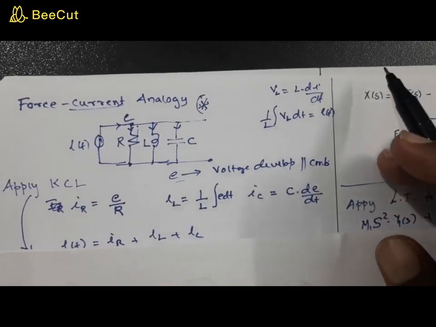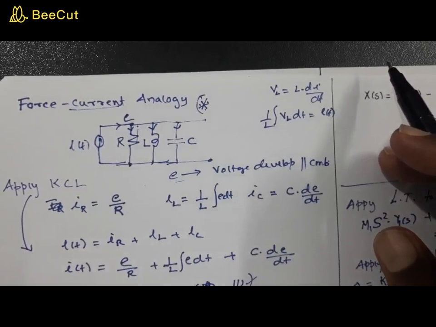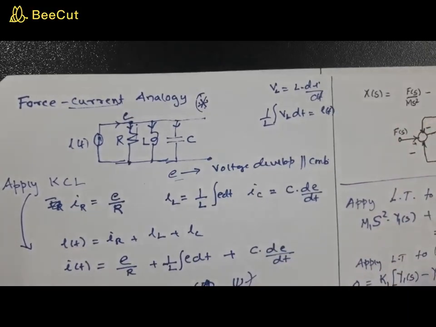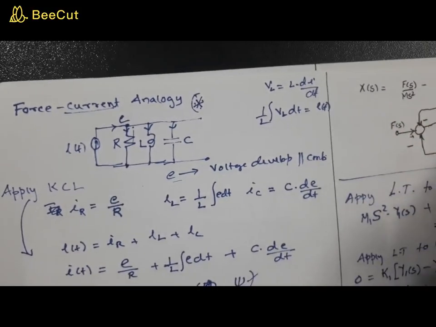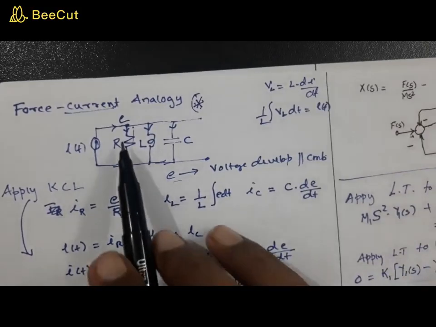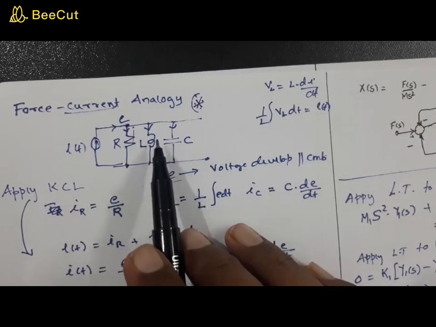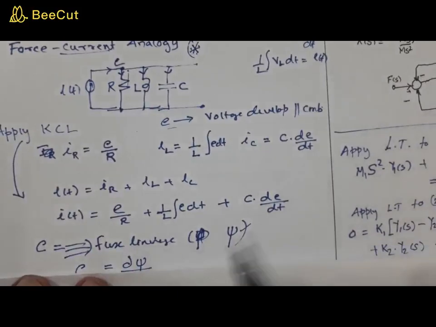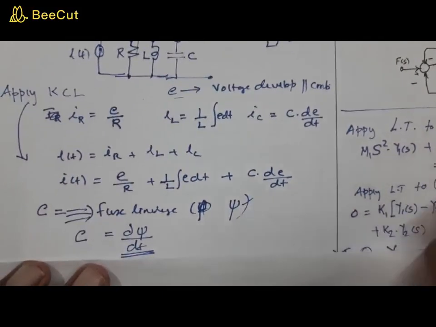In the inductance, the EMF is equal to the rate of change of flux, which is given by psi. So E is equal to d psi by dt, right?